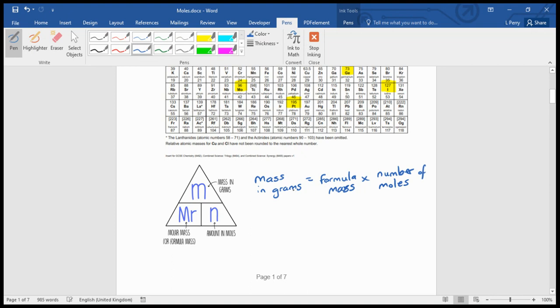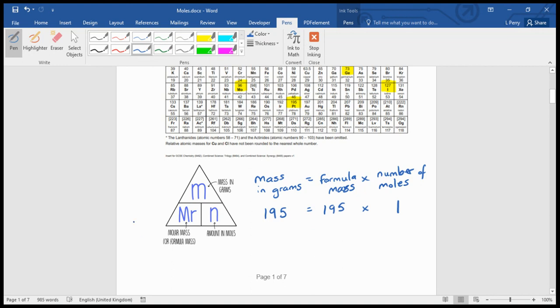Now, that fits in with exactly what I've just said. So I can still see platinum on the screen. So 1 mole of platinum is its formula mass, 195, or atomic mass, 1 times 195. So its mass in grams of 1 mole is 195.